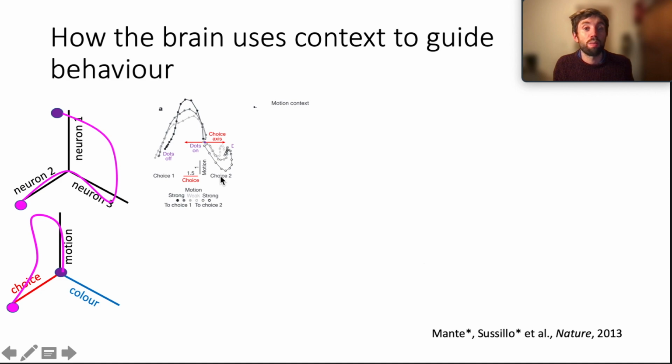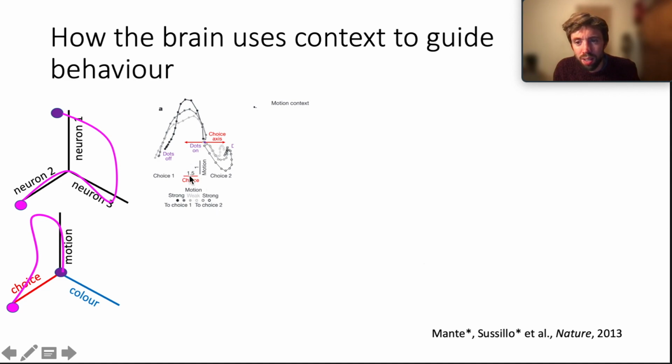So here we can see some of the real neural activity data from their experiment, and here we can see it plotted on the motion and choice axes. And what we can see here is the activity for motion stimuli of different strengths corresponding to one direction and another.